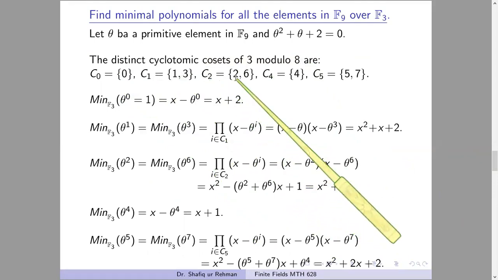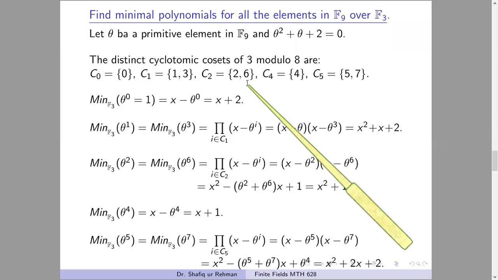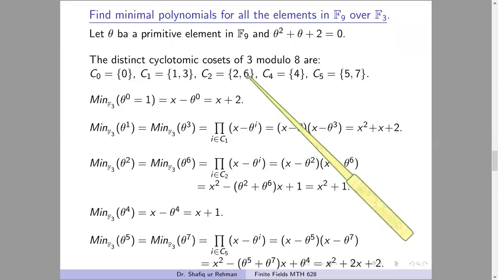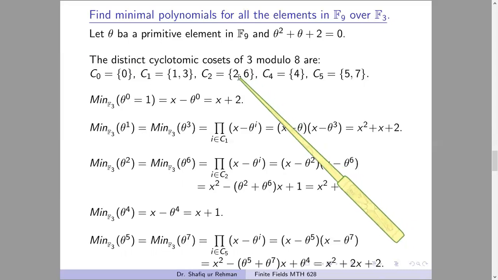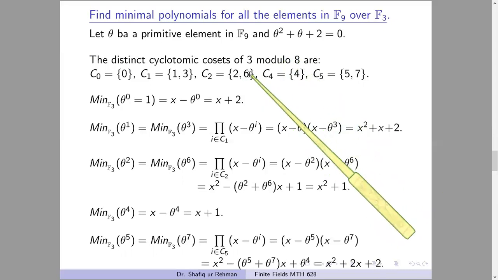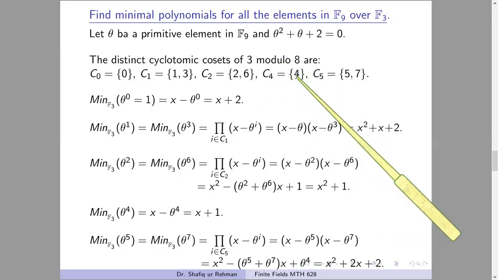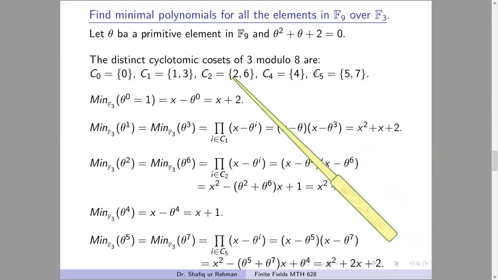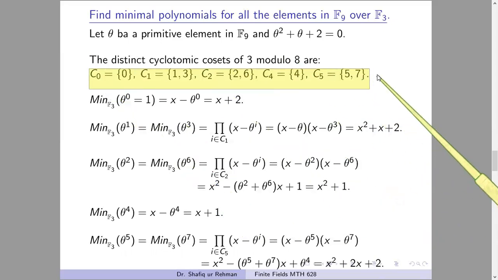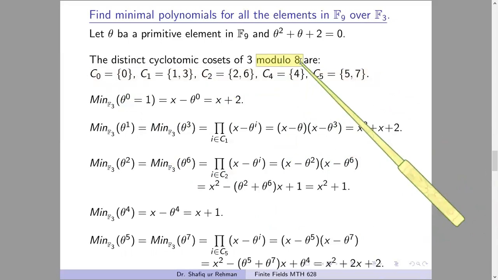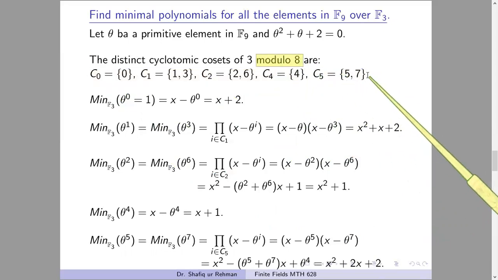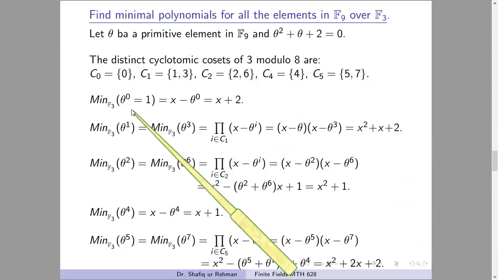C2 will be 2, 2 multiplied by 3 is 6, and 6 multiplied by 3 is 18, that is, 18 equals 2 under mod 8. So we stop here. Similarly, C4 is 4, C5 is 5, 7. So until now we have covered all the elements of Z8 because we are under mod 8. So here we stop.